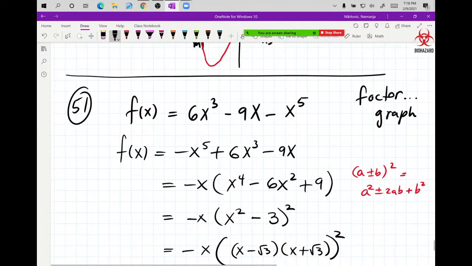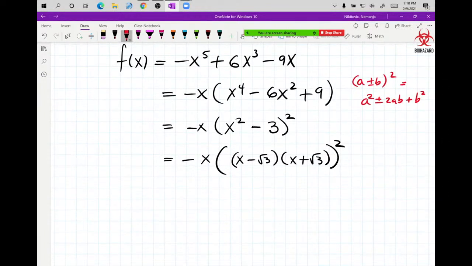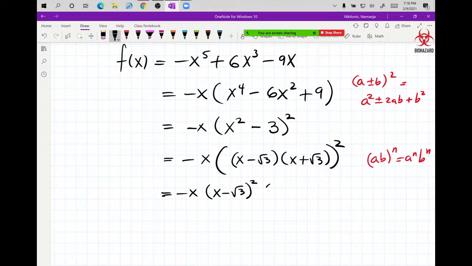So now by that rule of the power, (ab)^n equals a^n b^n, which is another algebra rule, we get negative x, minus root 3 squared, x plus root 3 squared.